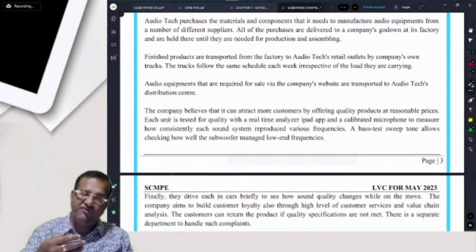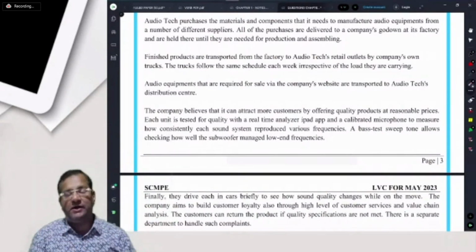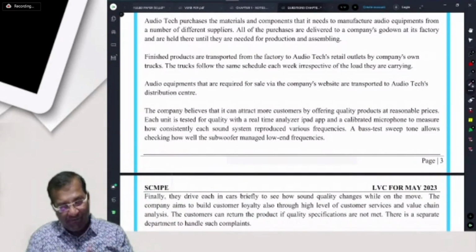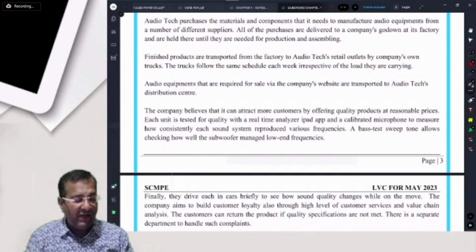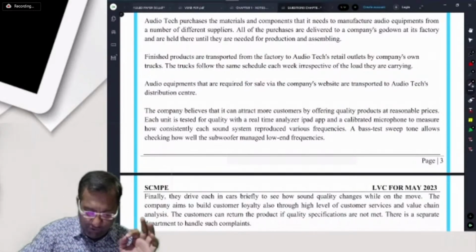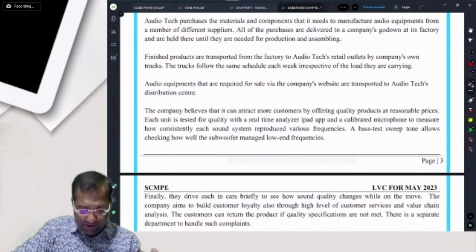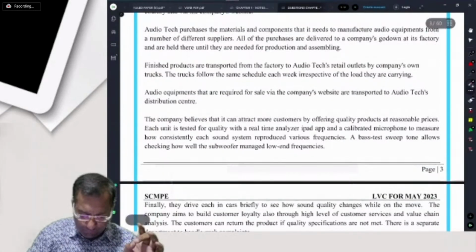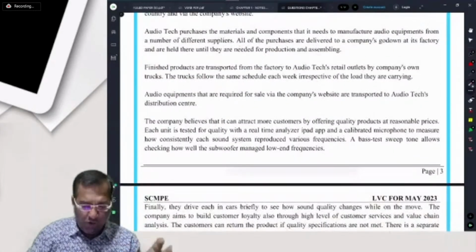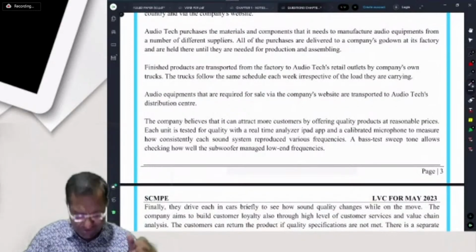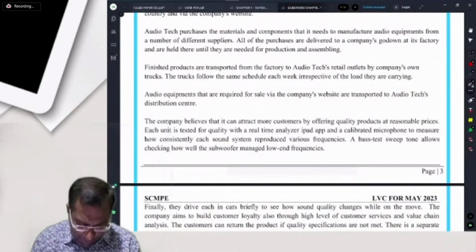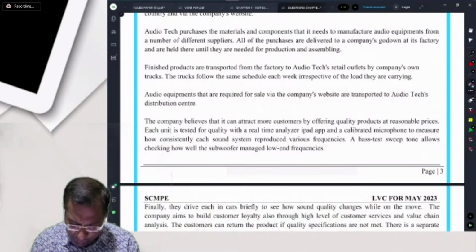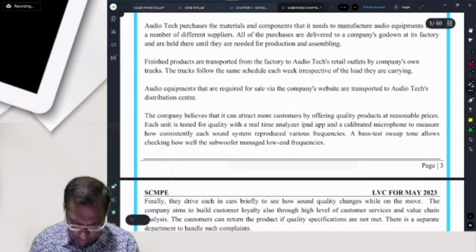So when you are doing the second reading now, all your second reading is targeted towards identifying the primary activities of Audiotech. So we have inbound logistic data, we have outbound logistic data, we have marketing and sale data also partially. Next point, audio equipment that are required for sale via the company website are transported to Audiotech distribution center.